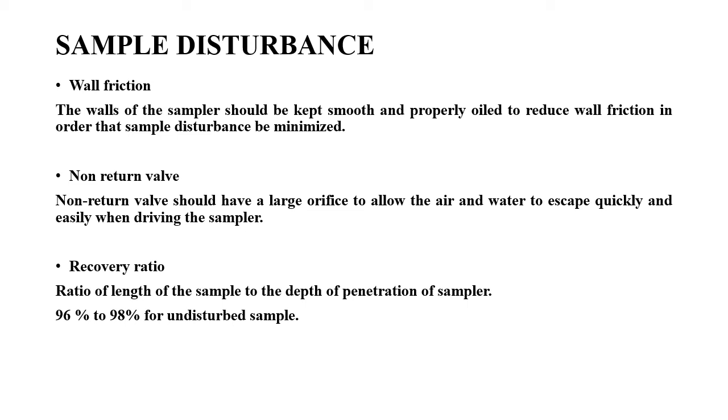That determines the amount of retrieval achieved during the sampling process. If the recovery ratio is 96% to 90%, it means you have a very good undisturbed soil sample.